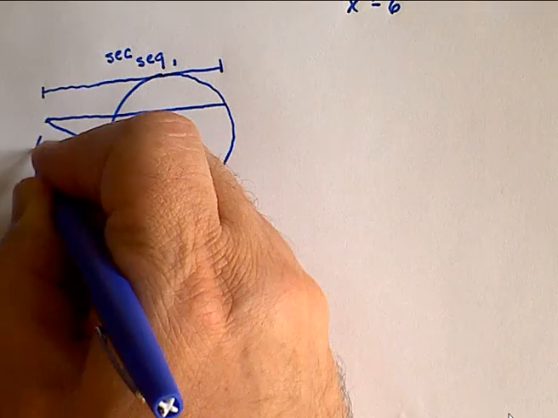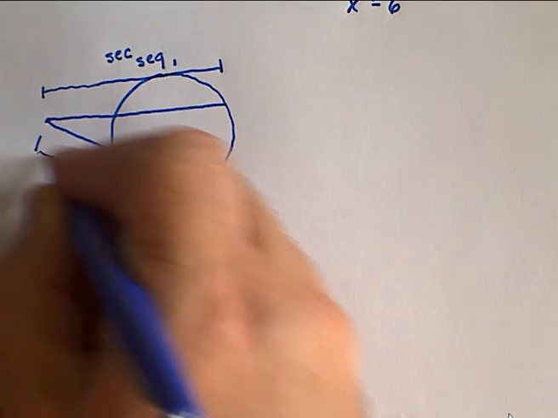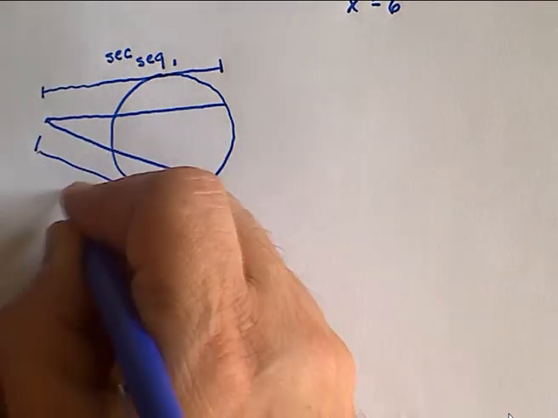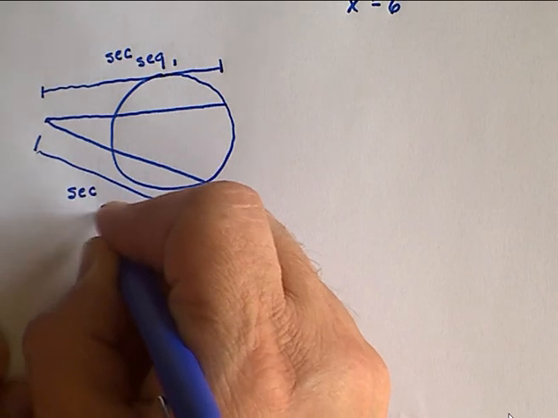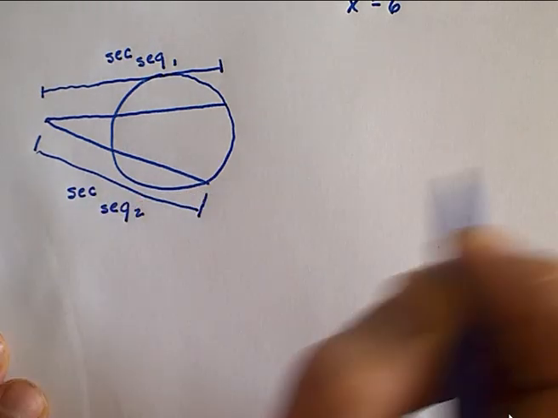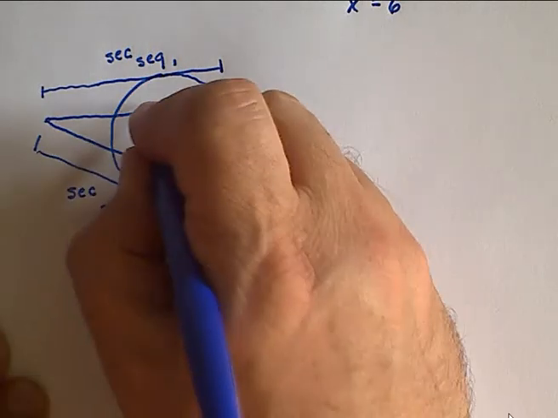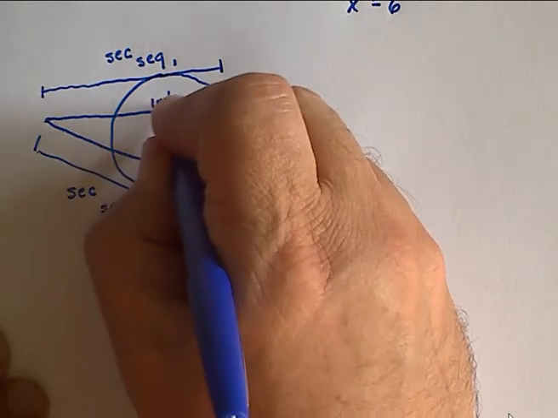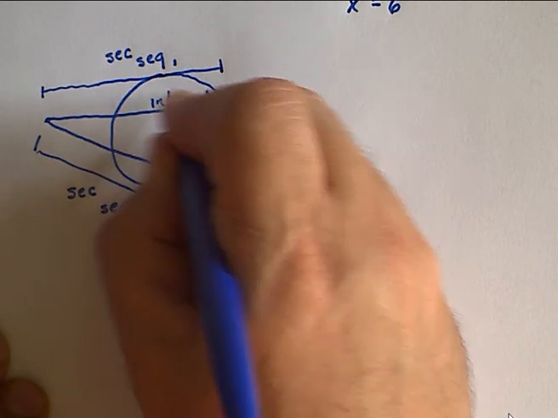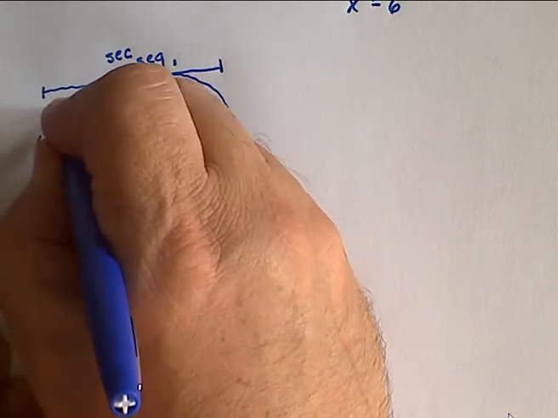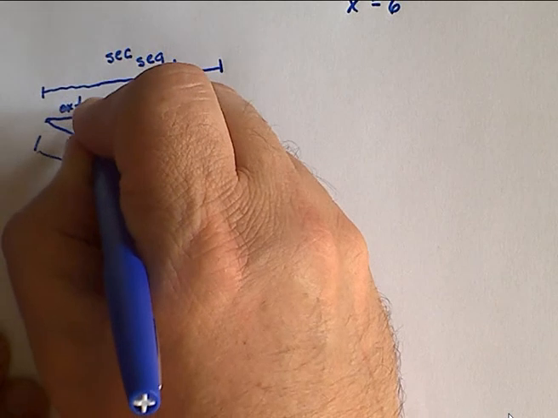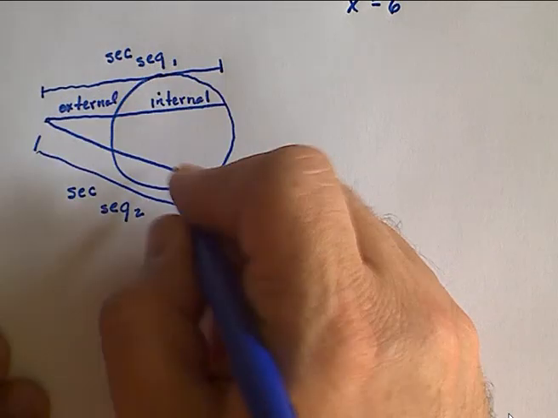Here is secant segment 2. Now, each one of those is broken up into two parts. There's an internal piece, meaning inside the circle, and there's an external piece outside the circle. Same thing is true for the other one.